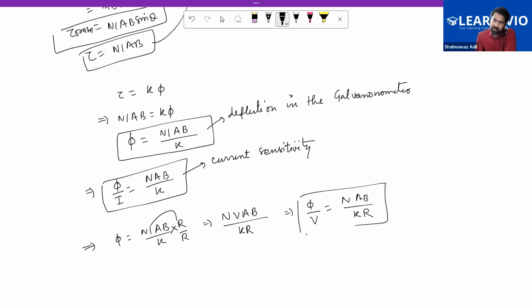This is what we call the voltage sensitivity. So this is the voltage sensitivity, and this is the current sensitivity.